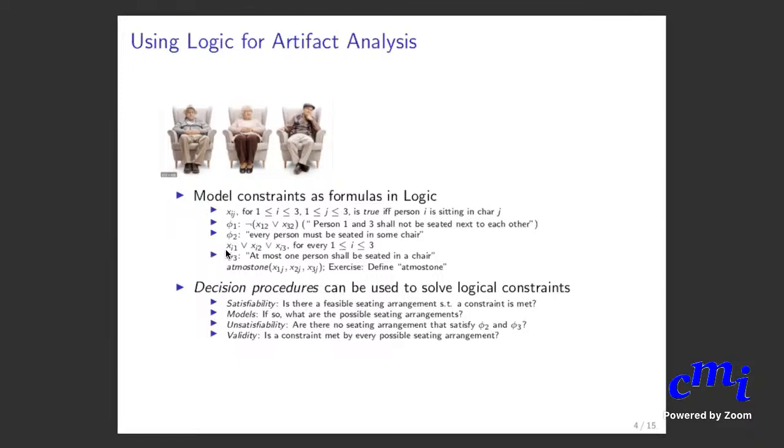So the takeaway here is that you model constraints. The problem is modeled as a set of constraints, and that itself involves a judicious choice of how to select your propositional variables and how to attach meanings to them. After that, you have to construct appropriate formulas to model each of your assumptions.